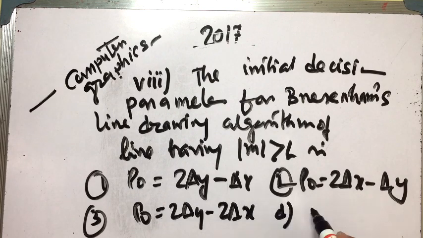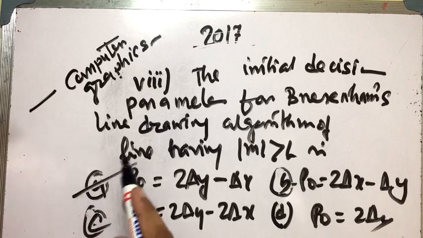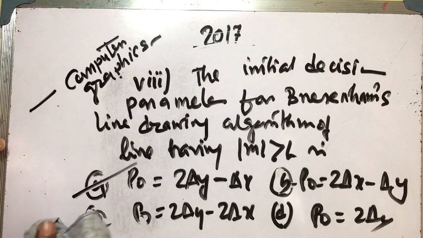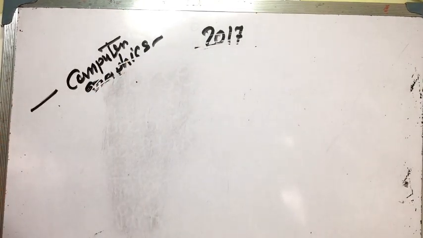The correct answer is P0 equal to 2 del y minus del x. This is the initial decision variable, P0 equal to 2 del y minus del x. That was question number 8.